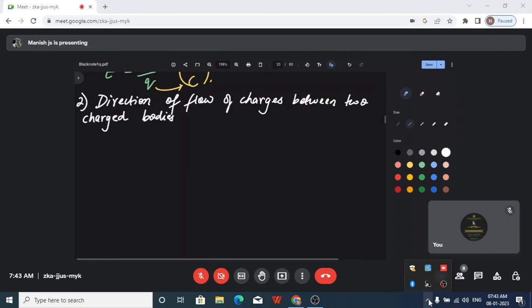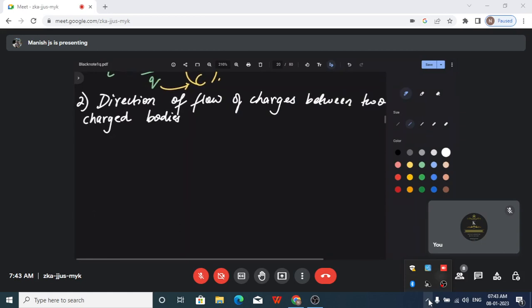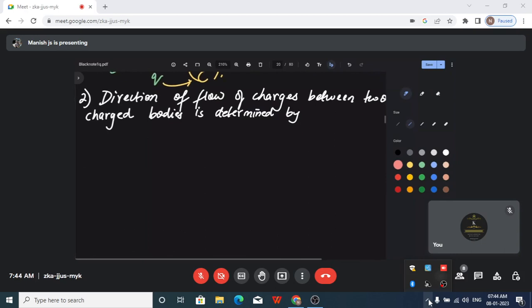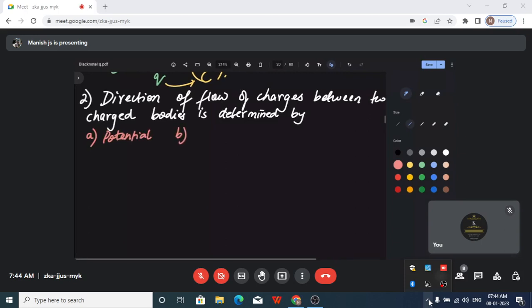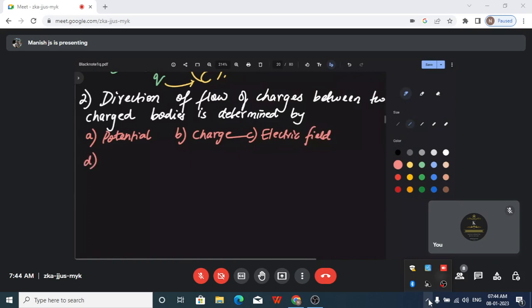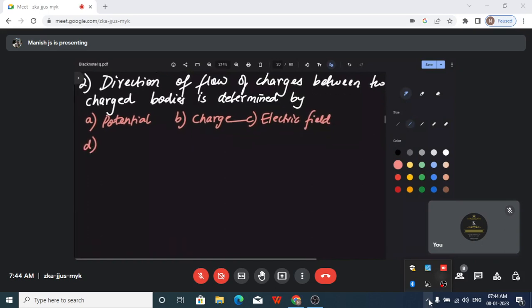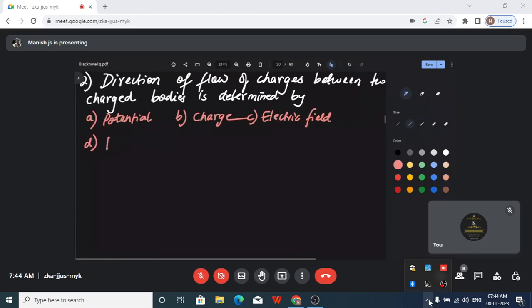The direction of flow of charges between two charged bodies is determined by. The options are, option A, potential. Option B, charge. Option C, electric field. And option D, force.